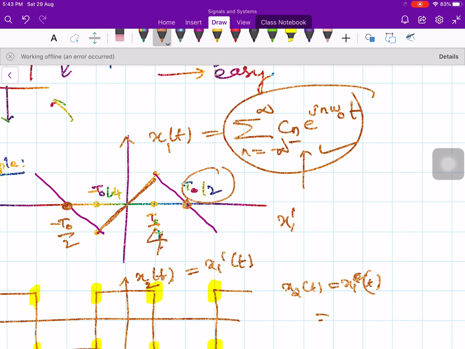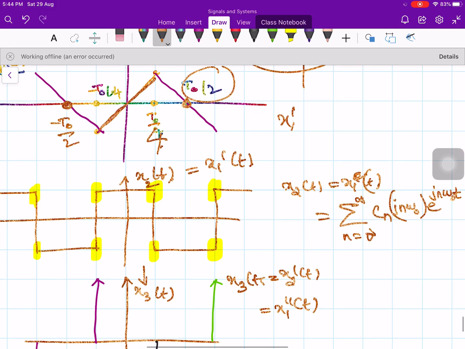So that is equal to summation over n is equal to minus infinity to plus infinity. Cn is constant, you can keep it as it is. Then e to the jn omega naught t. If you differentiate, j times n omega naught times again e to the jn omega naught t. Right? Now what is x3 of t? x3 of t is again one more time differentiate.